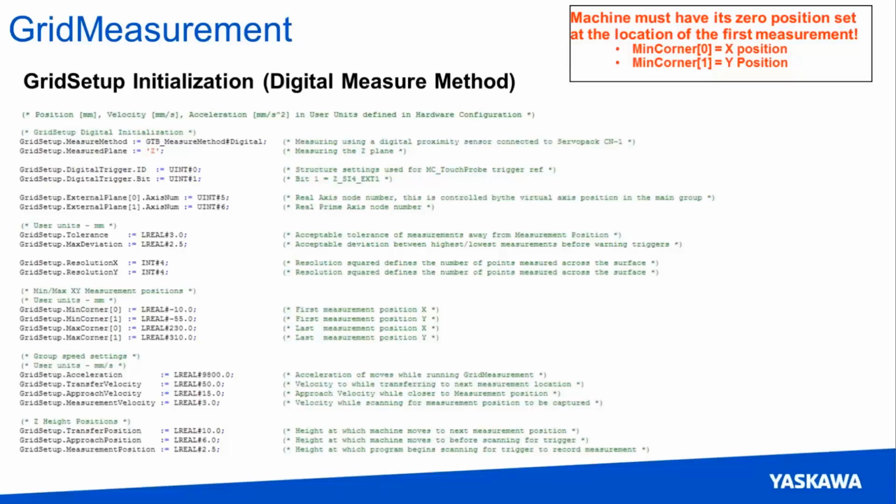A good thing to point out here is I have external plane defined, and I have 2 axes on it. That is because in this example there is a Z prime axis, a secondary axis configured inside hardware configuration. One thing I didn't mention on the last slide, since it wasn't shown on the picture, is there's a max deviation. This is a deviation between 2 measurements that is acceptable based on a user-defined acceptance value.